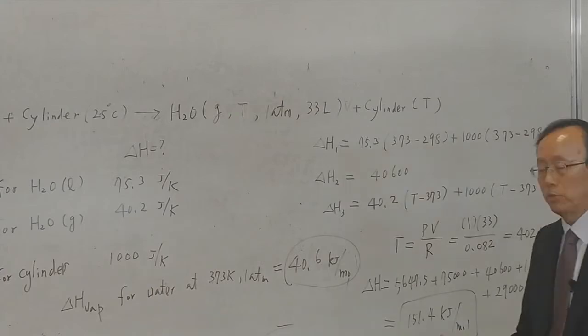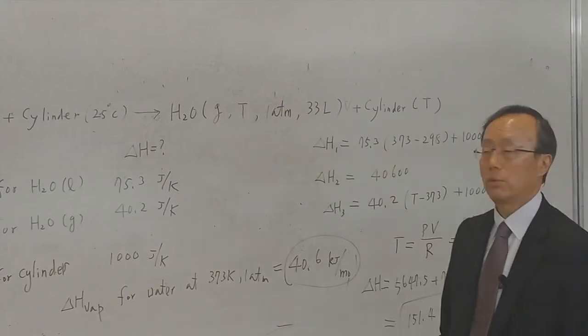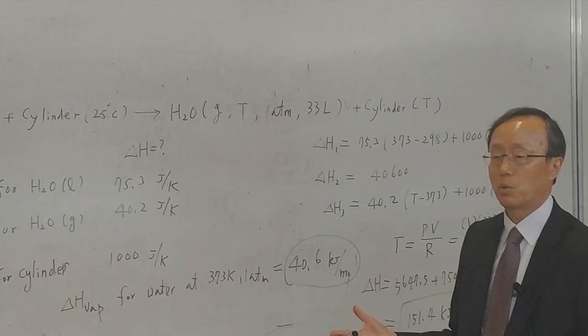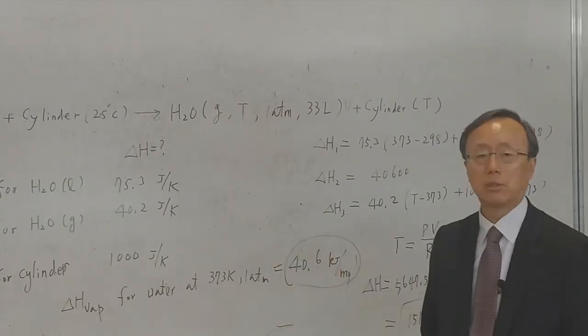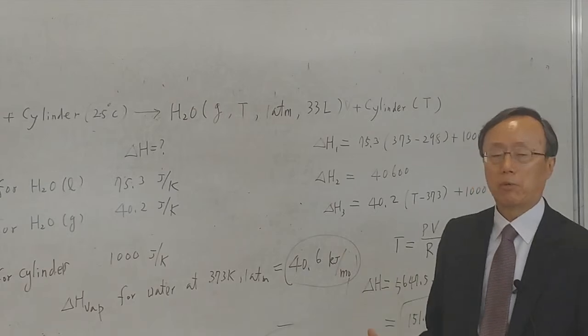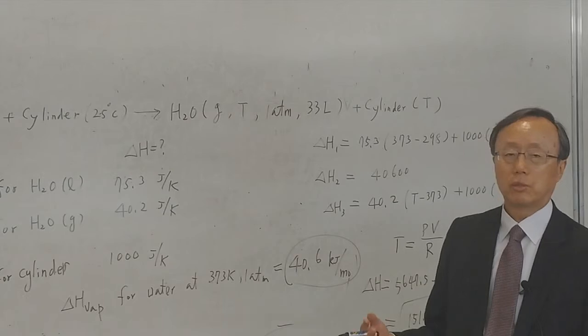So I gave you an example of how to use Hess's law, and the first example showed how to use the enthalpy of formation to calculate the enthalpy of reaction.